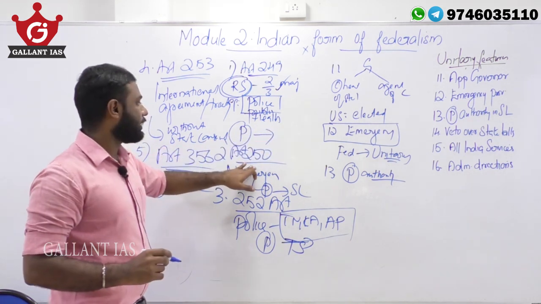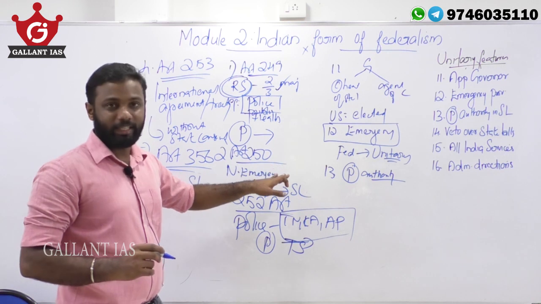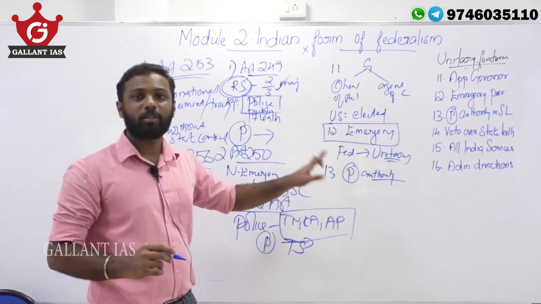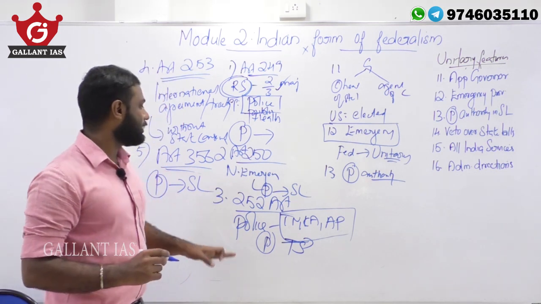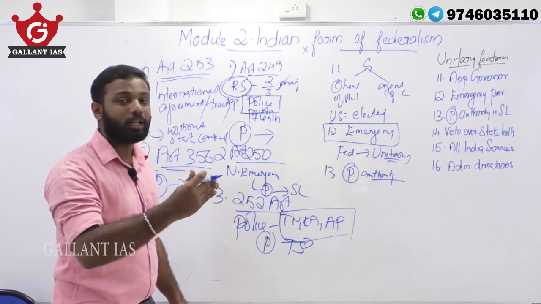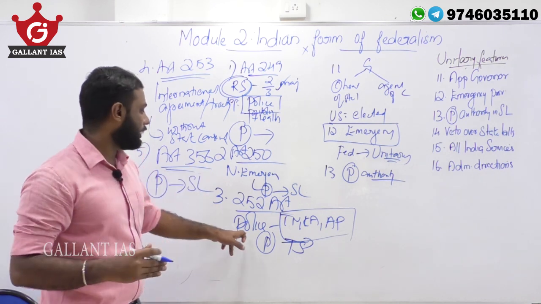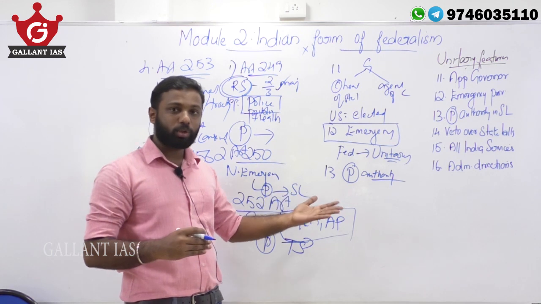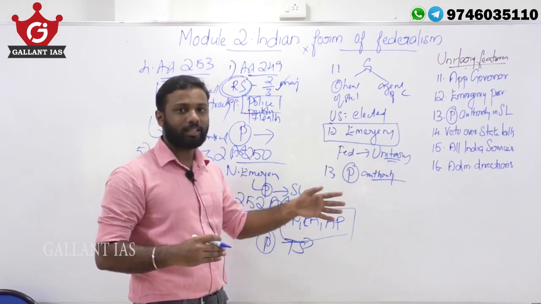Okay. The second condition is under Article 250. That is, when the national emergency is in force, the Parliament can frame laws on the state list. The third condition is under Article 252 of the Constitution. If two or more states want a common law for a subject under the state list, then those states have to pass a resolution to that effect and send it to Parliament.